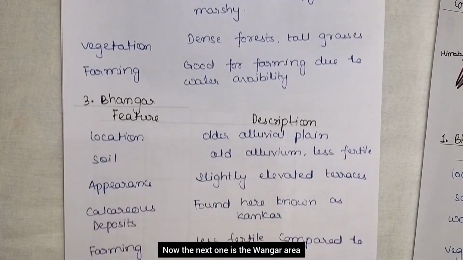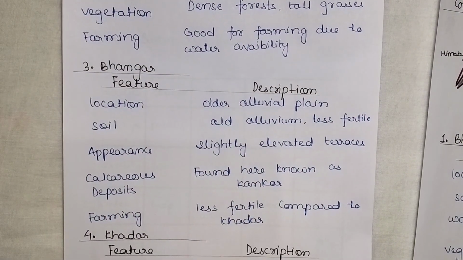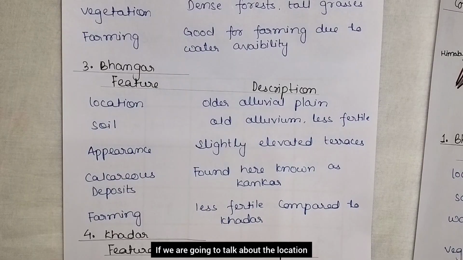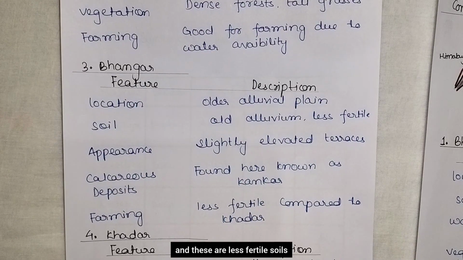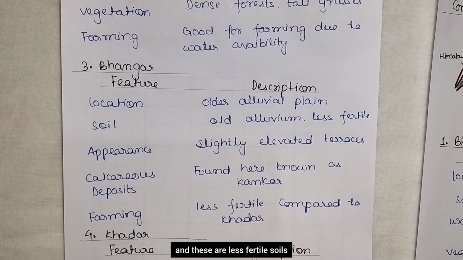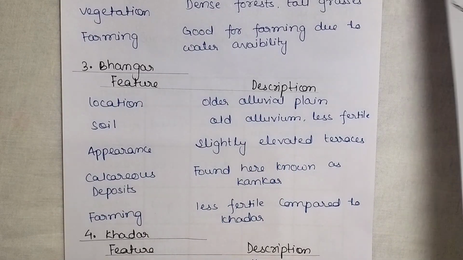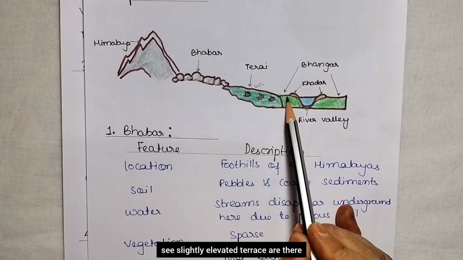Now the next one is the Bhangar area, that is a landform again. If we talk about the location, then these are the older alluvial plains, the plains formed by the Tethys Sea, and these have less fertile soils. In appearance, they are slightly elevated terraces. We will see slightly elevated terraces here.